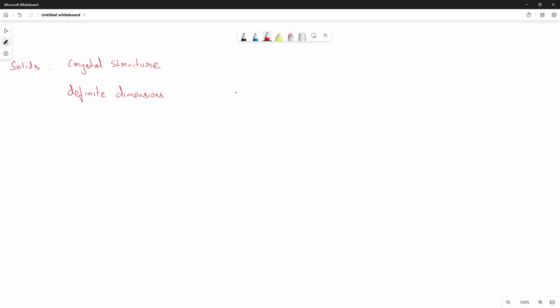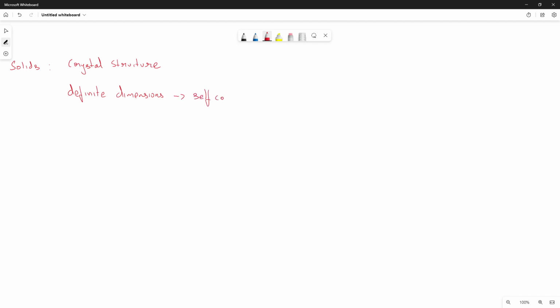What I'm trying to say is, if I take a piece of solid of say 2 centimeter by 3 centimeter by 3 centimeter, then outside of that region there is no solid. I don't have to contain a solid using another device or object. A solid is self-contained. Is that clear?